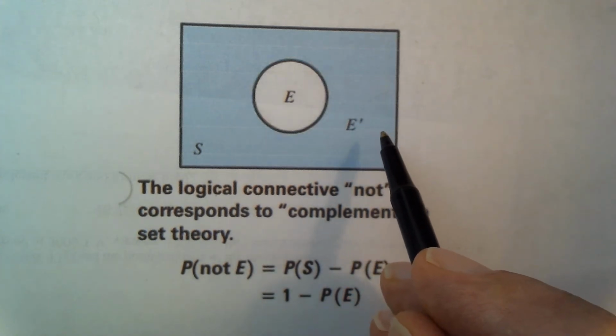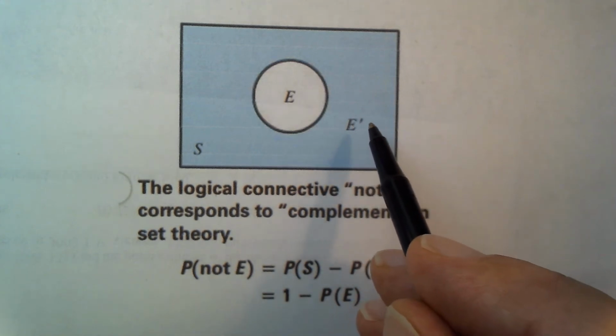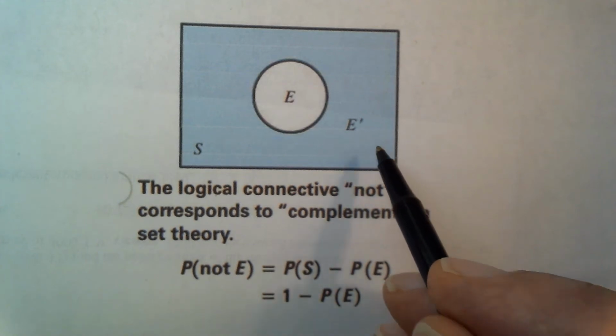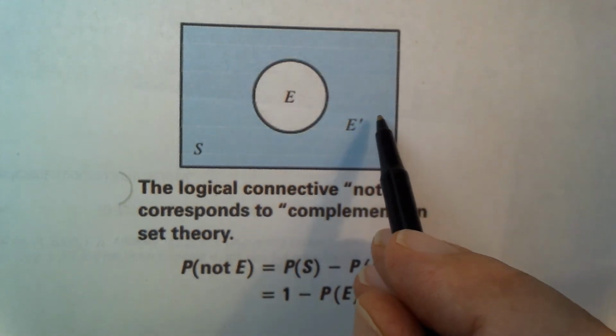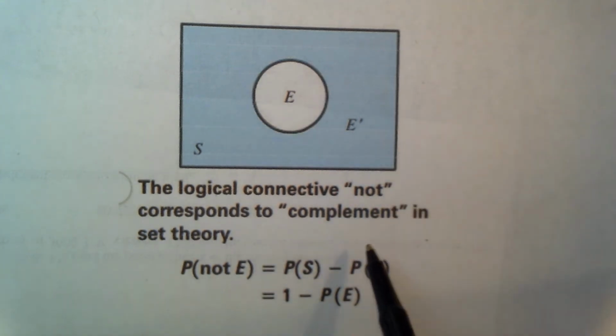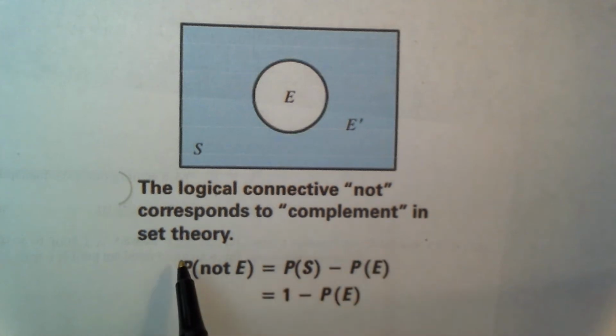Now again, that is not universal. Other books may use a different notation, like a bar to indicate the complement of a set. But here they use the apostrophe. And so the logical connective not corresponds to a complement in set theory.